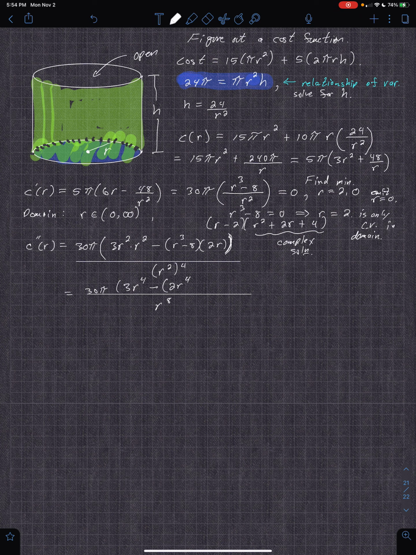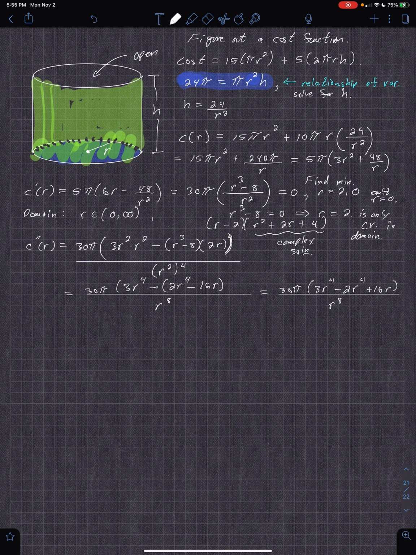Try this again. So 2r to the 4th, and I'm going to say minus 16r. And then it's 30 pi, 3r to the 4th minus 2r to the 4th plus 16r over r to the 8th.